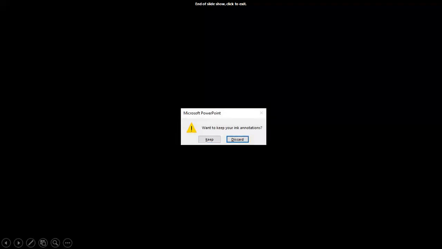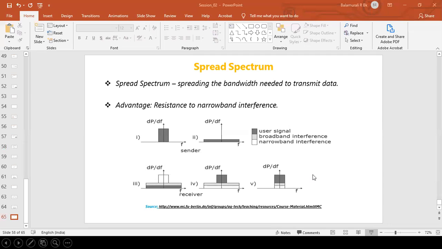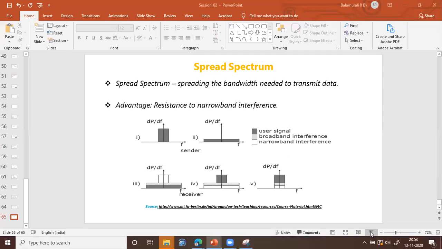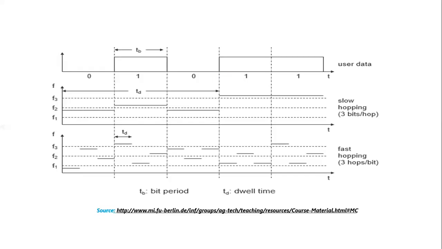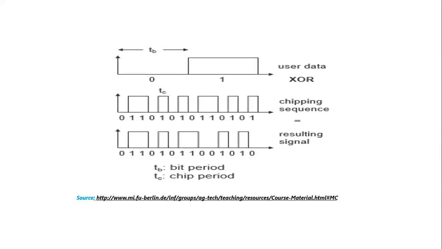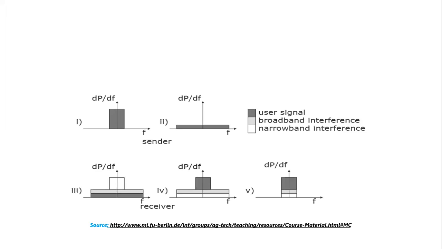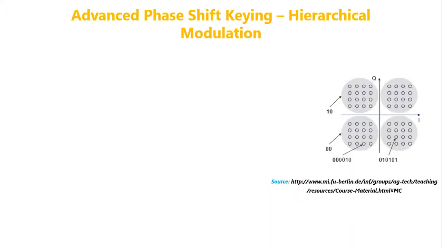So what we have discussed in this particular lecture: first we discussed the concept of spread spectrum. Spread spectrum spreads the signal across the frequency domain. Why are we discussing this concept?